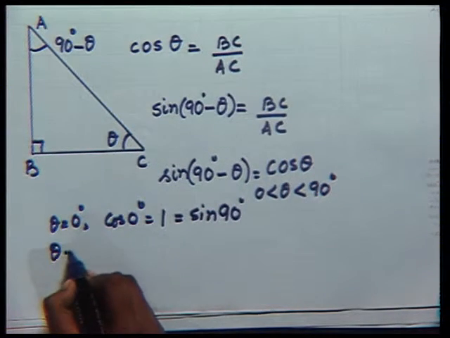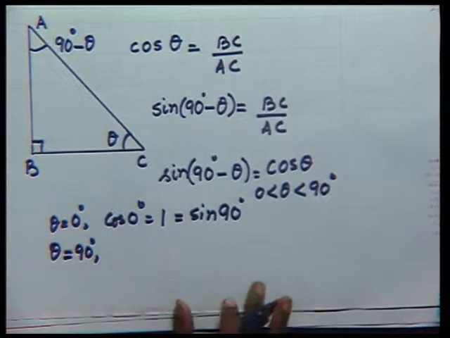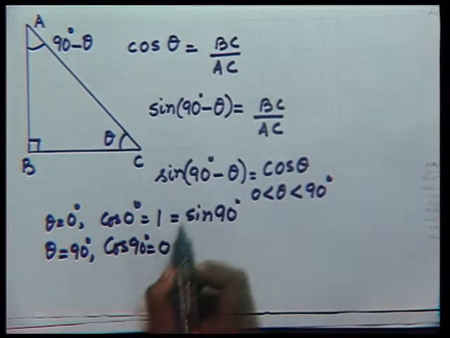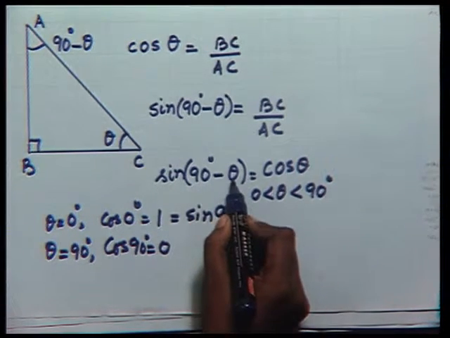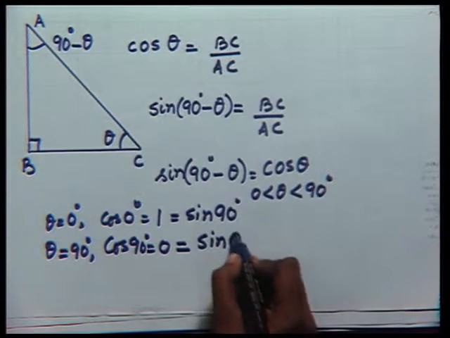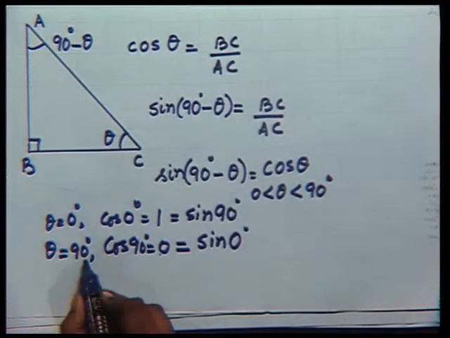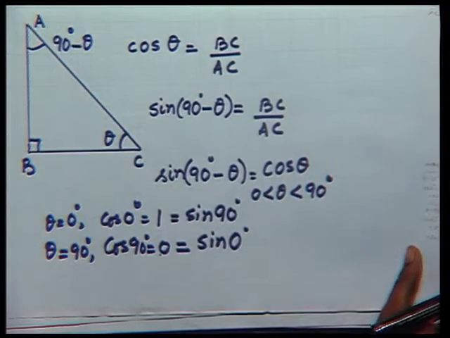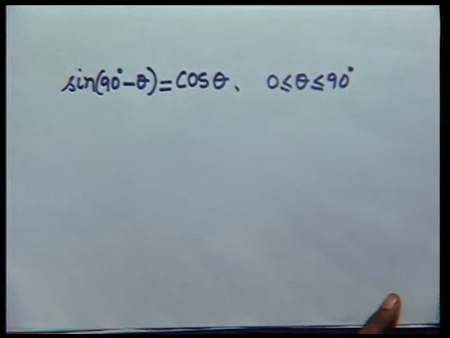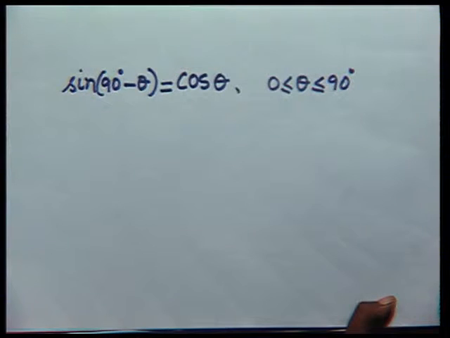Again for theta equal to 90 degrees, we know that cos 90 is equal to 0 and sin(90 degrees minus 90 degrees) becomes sin of 0 degrees, which is again 0. So, for theta equal to 90 degrees also this equation is defined, and therefore, we have sin(90 degrees minus theta) equal to cos theta for every theta greater than or equal to 0 and less than or equal to 90 degrees.